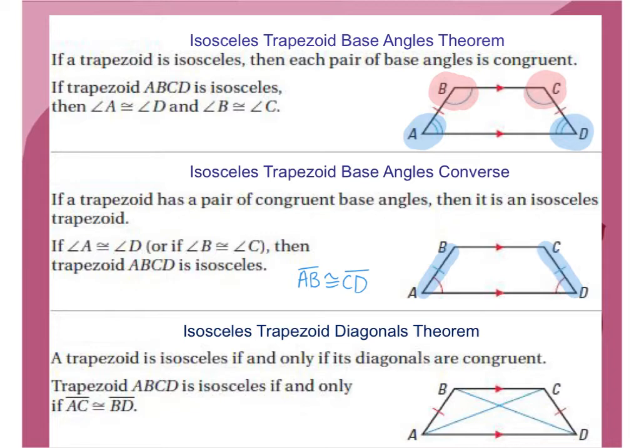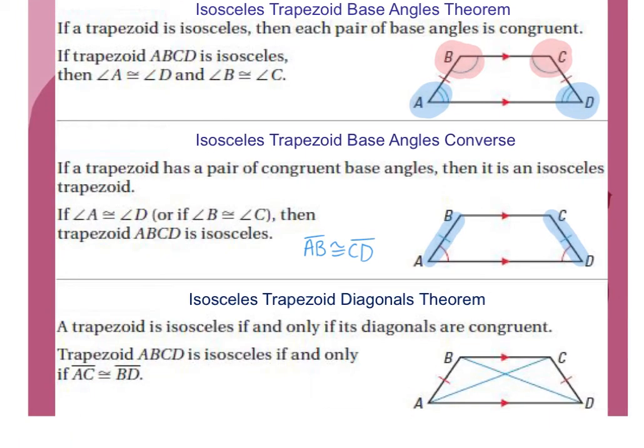And there's one more theorem related to isosceles trapezoids. Remember, these are all isosceles trapezoids, not regular trapezoids. An isosceles trapezoid diagonals theorem. A trapezoid is isosceles if and only if its diagonals are congruent. So that would mean that AC is congruent to BD.